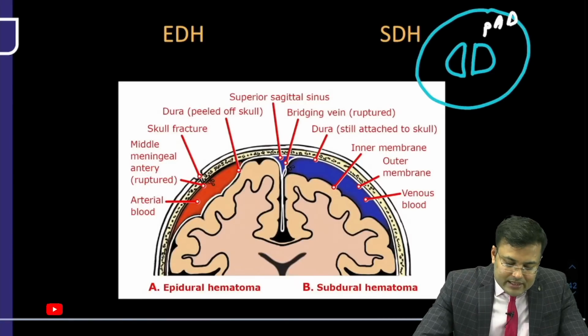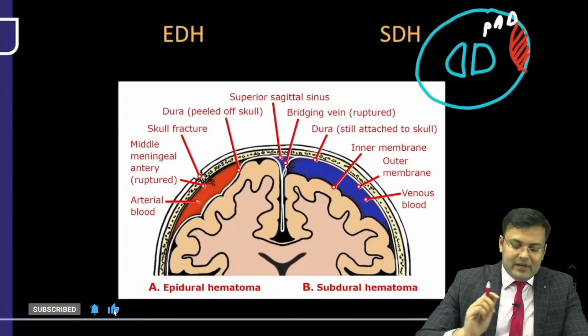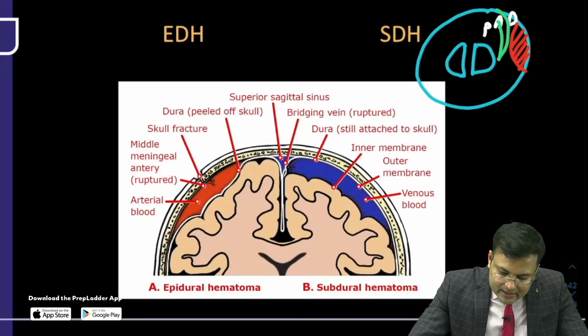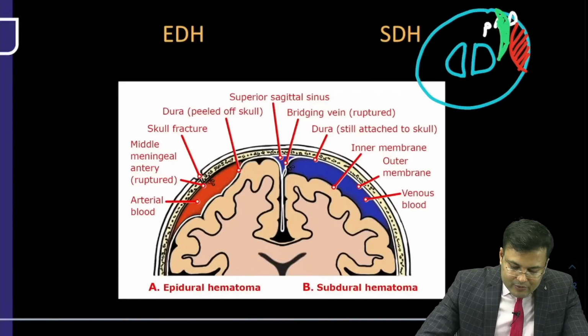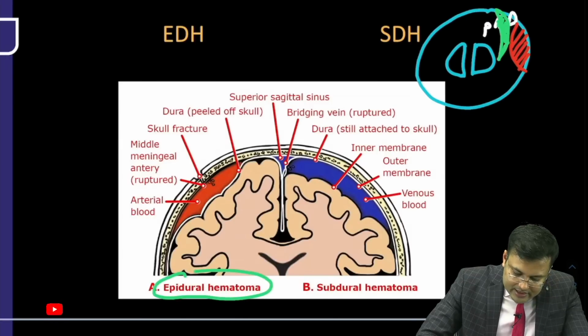So whenever there is collection of blood between skull and dura, it is known as extradural hematoma. And whenever there is collection of blood between what? Dura and arachnoid, this is subdural. In this diagram you can see this extradural hematoma, EDH.